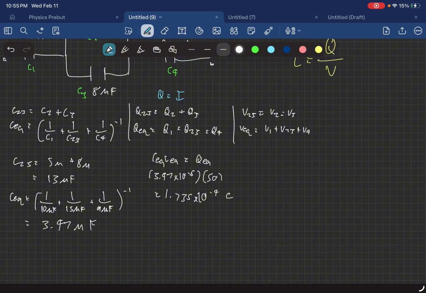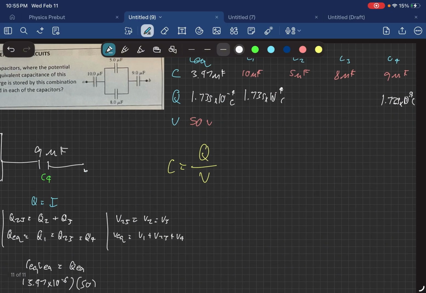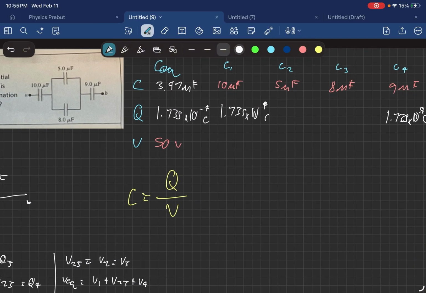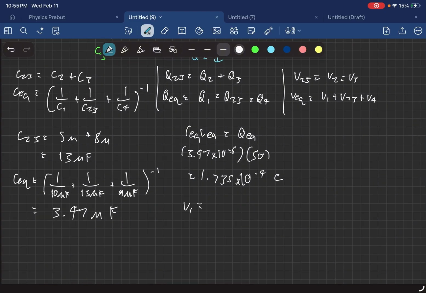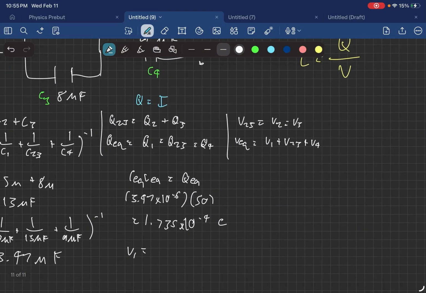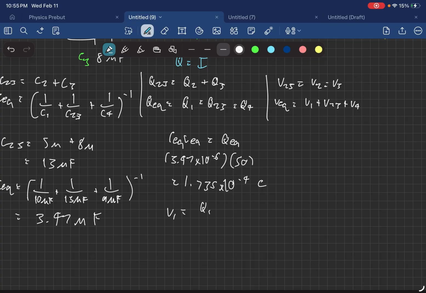But first, let's do these now, to get them out of the way. Let's get V1 and V4. So getting V1 is equal to Q over C, Q1 over C1. V4 is equal to Q4 over C4.